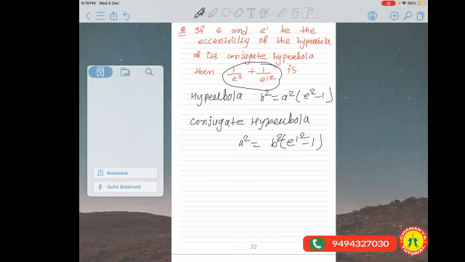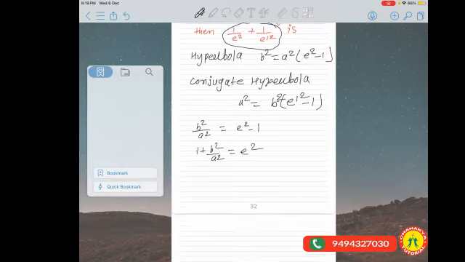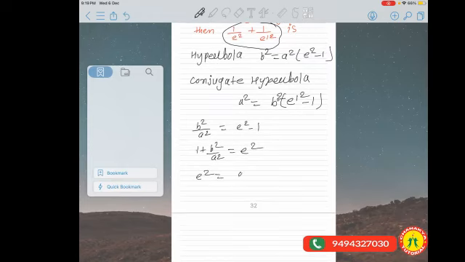अदिति, कितना आंसर आया? समिता, have you done? इजी है ना? आप लिख देंगे, b square by a square is equal to e square minus 1, so 1 plus b square by a square is equal to e square. So e square is equal to a square plus b square by a square.